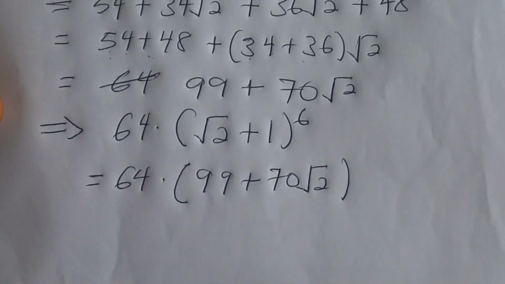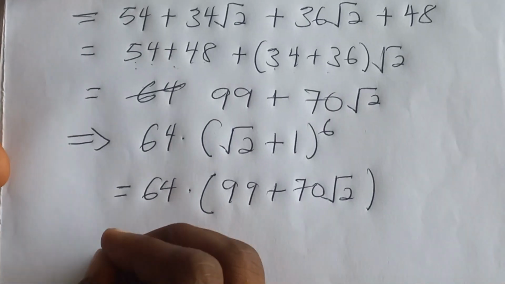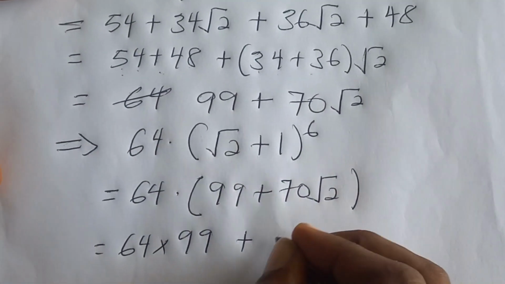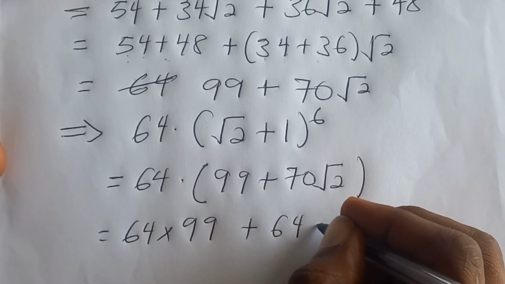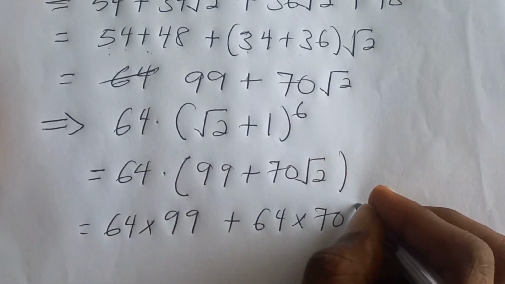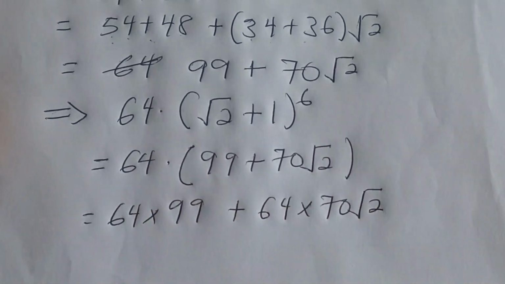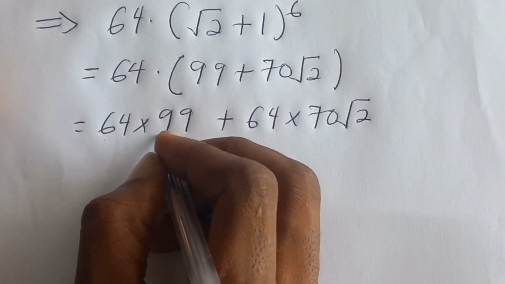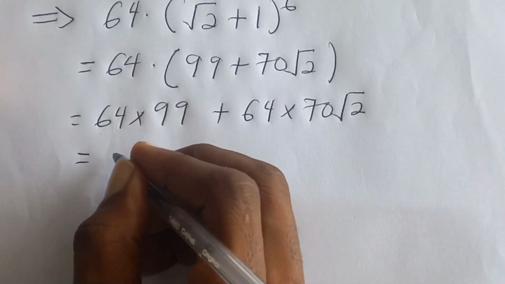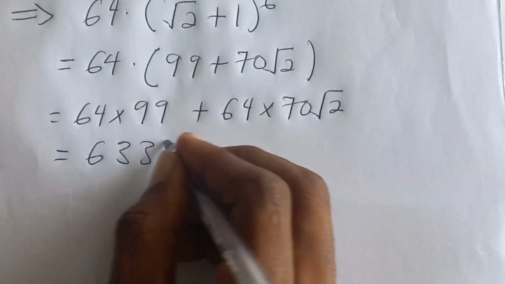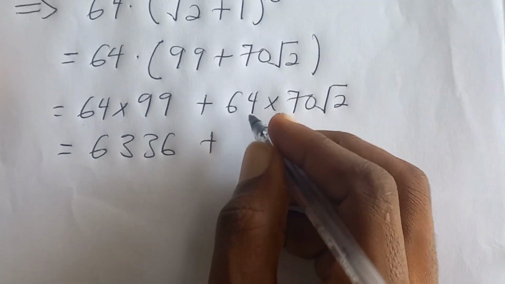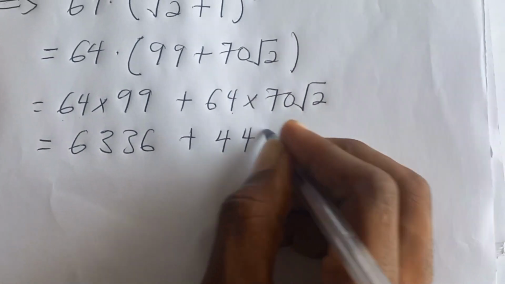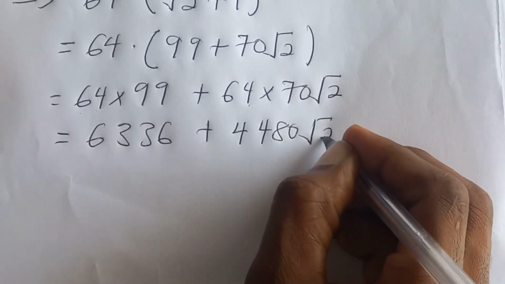So we are going to get 64 multiplied by 99 plus 64 multiplied by 70 square root of 2. 64 times 99, we are getting 6336, plus 64 times 70, we are getting 4480 square root of 2.